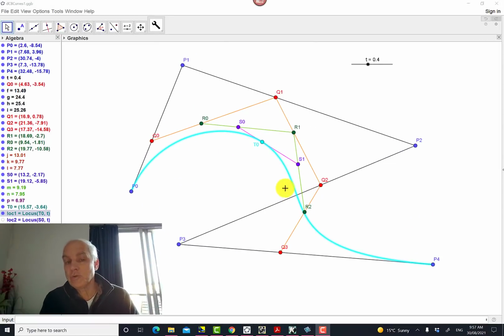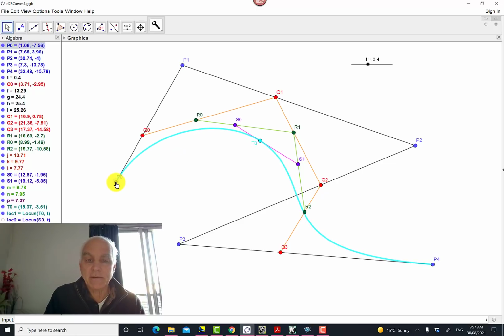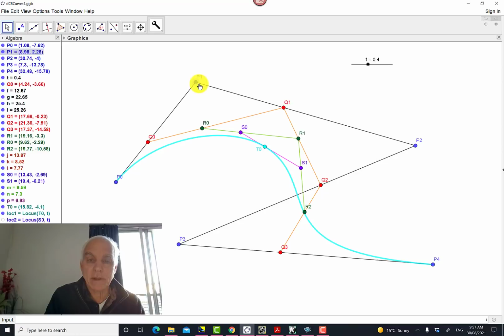Okay, so here is GeoGebra, and here's a worksheet that illustrates what I've been talking about. The beauty of GeoGebra is that we can see these things in action and really get an explicit sense of what's going on. So the control points, the P0, P1 up to P4 points, they are movable.